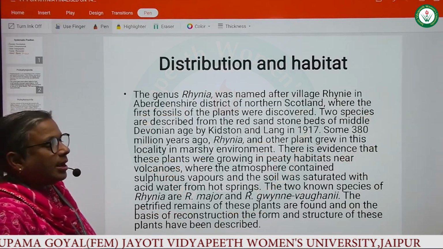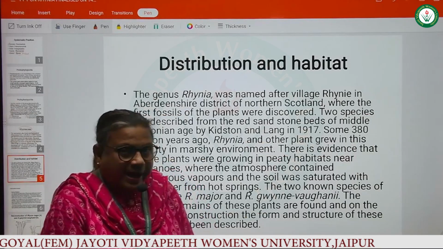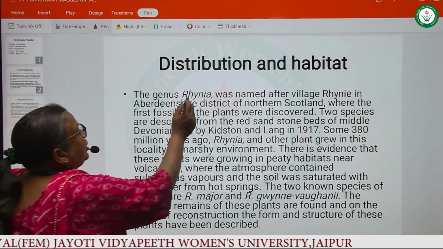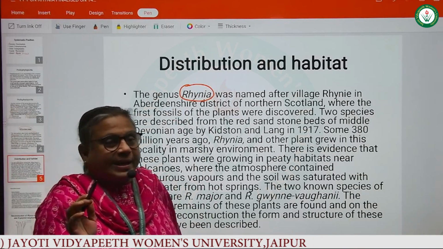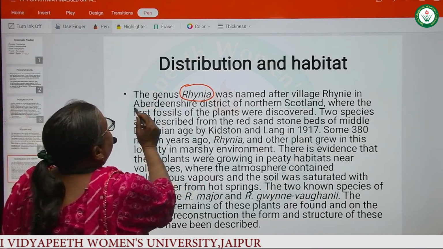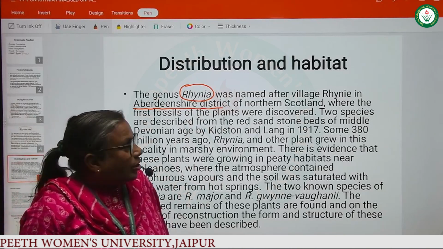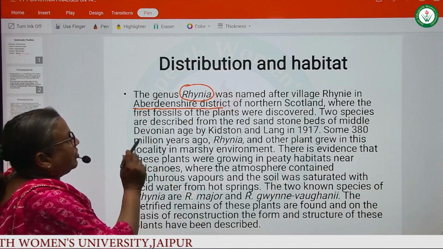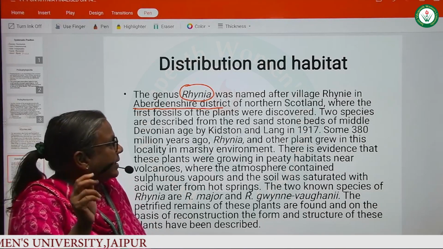Now we talk about the distribution and habit of Rhynia. The genus Rhynia was named after the village Rhynie in Aberdeenshire district of northern Scotland, where the first fossils of the plants were discovered.